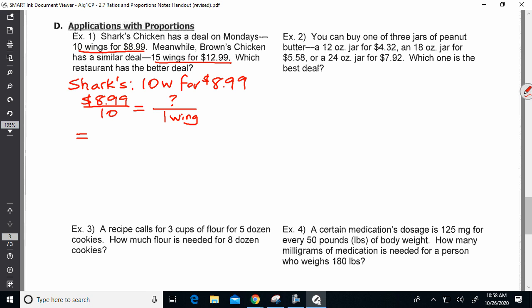So for Sharks, I'm going to divide by 10. $8.99 divided by 10. Let my calculator do some work. So that's 0.899 per wing. So it's about 90 cents. So I'm paying 90 cents to get a wing.